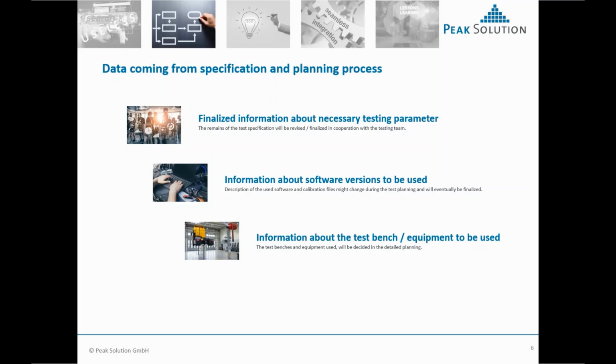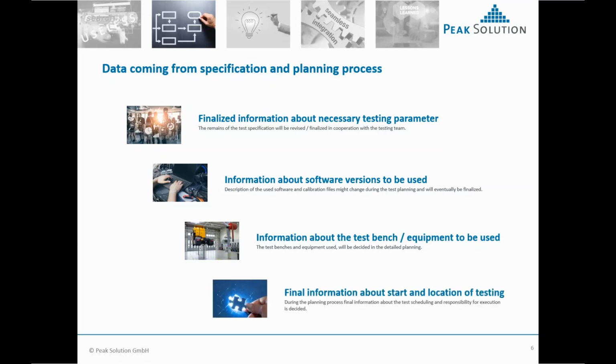In the further process, decisions will be made, like which test bench is to be used, which dummy will sit in the car at which place, which additional equipment is used. Those components come mostly with specific attributes which will be relevant later when interpreting test data after the test. Finally, the real start and end time of the test will be fixed.